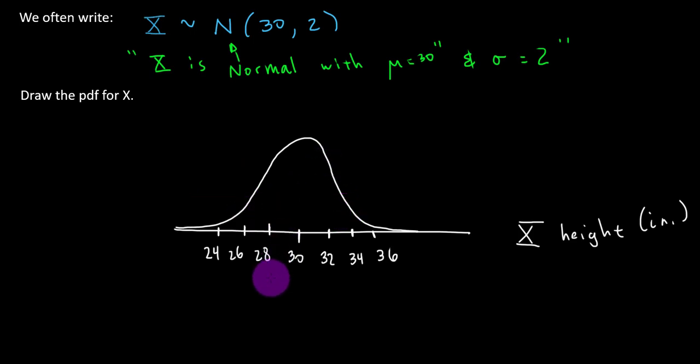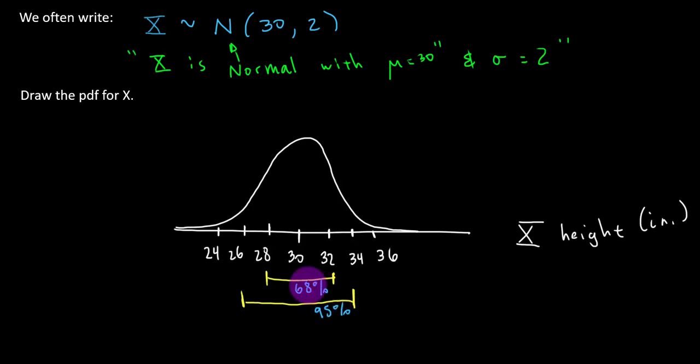And from the empirical rule, we know that one standard deviation away from the mean to the left and to the right should encompass about 68% of observations. Again, one more standard deviation to the left and to the right should encompass approximately 95%.